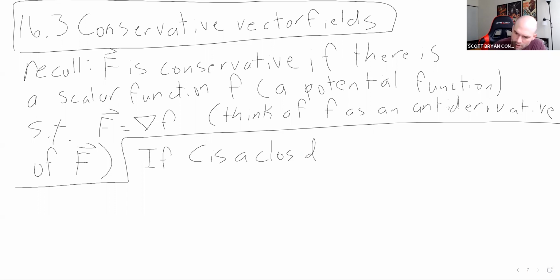So if C is a closed curve, a closed oriented curve, so in other words, it starts and ends at the same point.